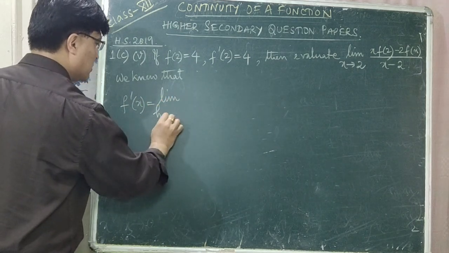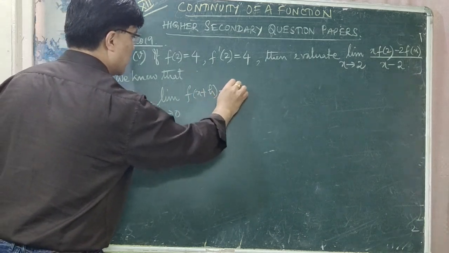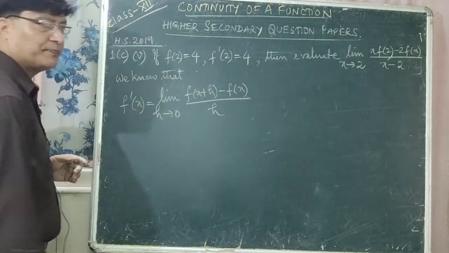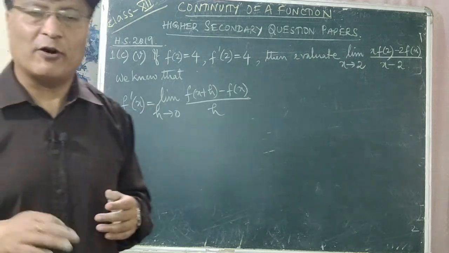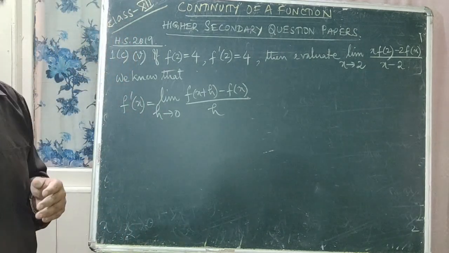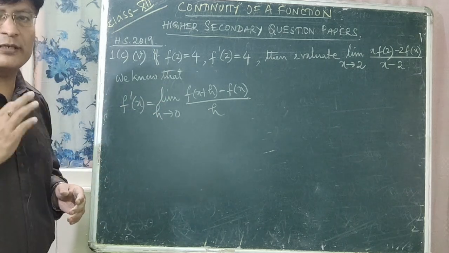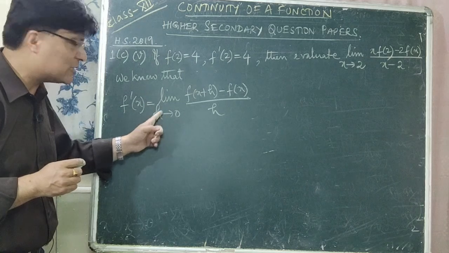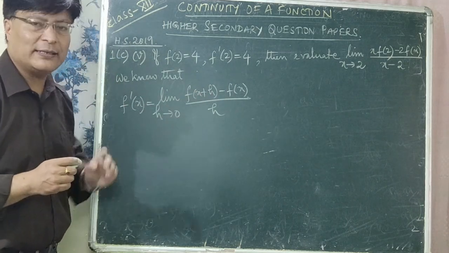This is limit h tends to 0, f of x plus h minus f of x, this whole divided by h, right? This is from the definition of the derivative of a function, that is f dash of x is equal to limit h tends to 0 f of x plus h minus f of x whole divided by h.